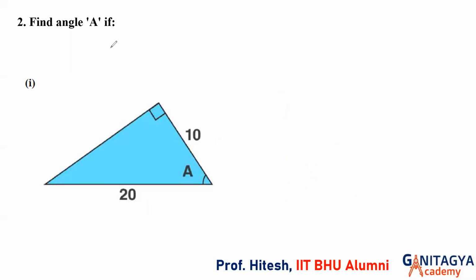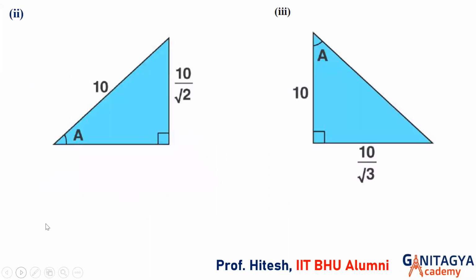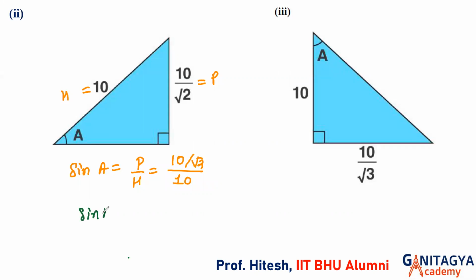Let me clear this and move to the next one. Second: opposite to 90 degree is the hypotenuse, and opposite to this angle is the perpendicular. So sin A is equal to perpendicular upon hypotenuse. The perpendicular is 10 upon root 2, hypotenuse is 10. So sin A is equal to 1 upon root 2.